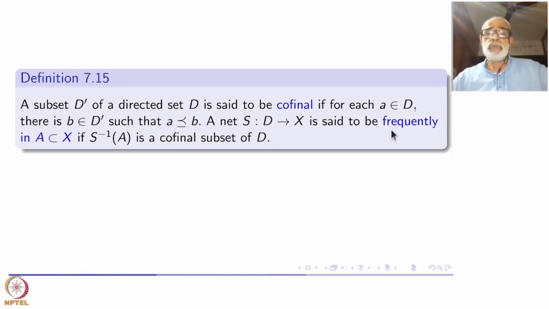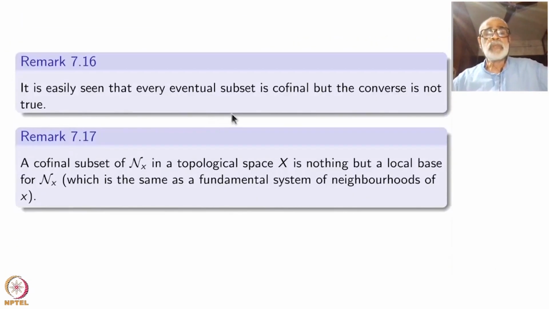We may say there will be a subsequence, but we will see that there is a different notion here for subnets. So it is easily seen that an eventual subset is cofinal, but the converse is not true. Even with sequences themselves you can have examples wherein this is not true.